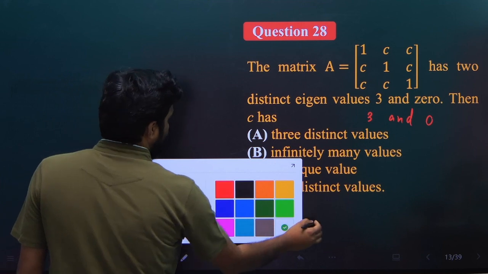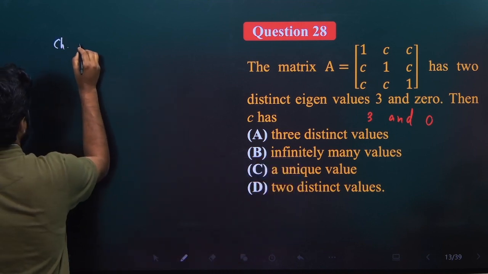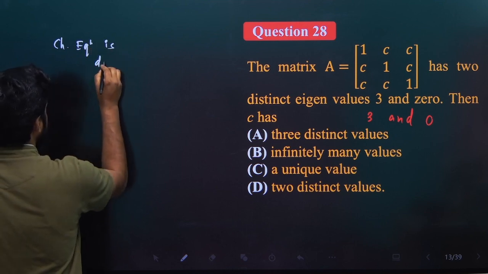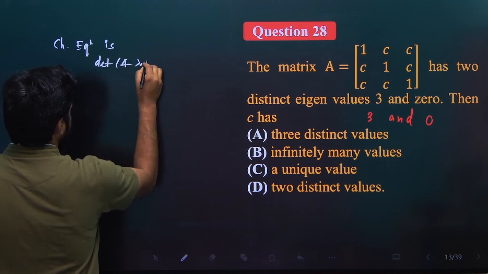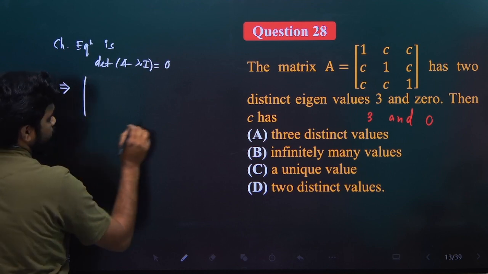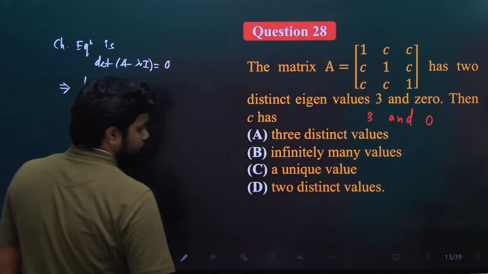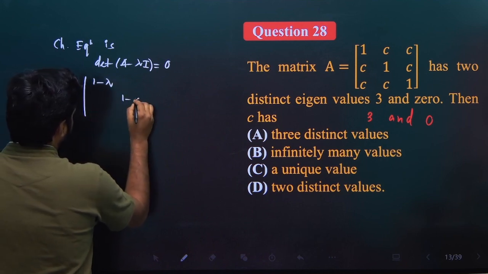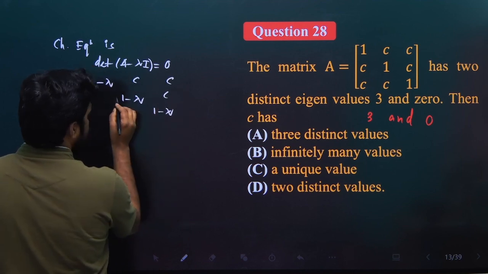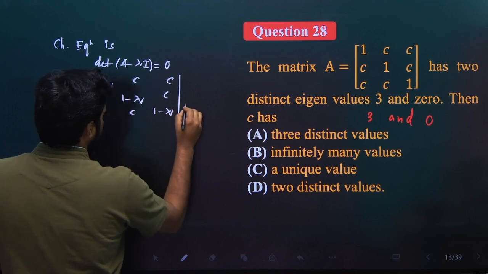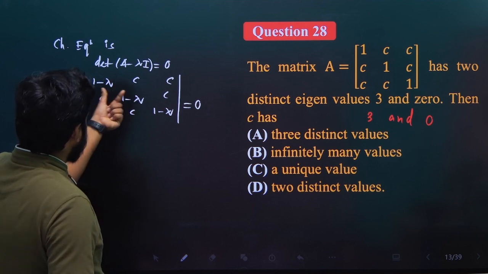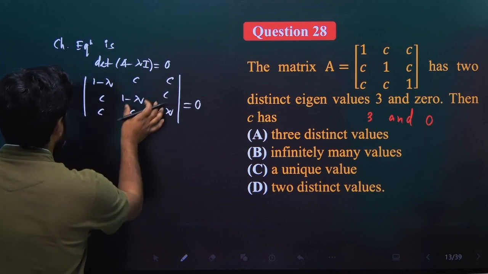The characteristic equation is determinant of A minus lambda I is equal to 0. So this implies the determinant, subtracting lambda from the diagonal, that is 1 minus lambda, c, c; c, 1 minus lambda, c; c, c, 1 minus lambda. I add the second row and third row to the first row.